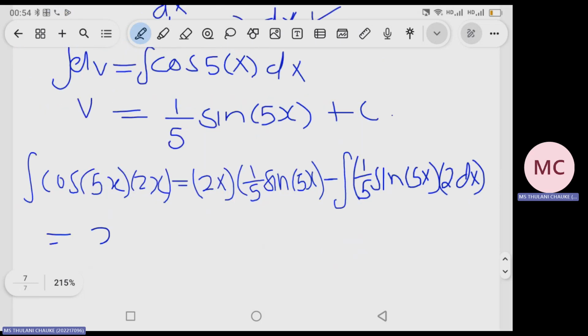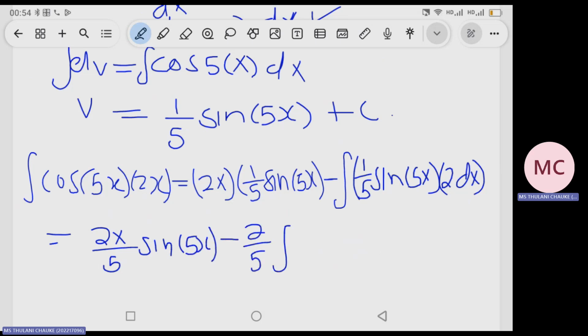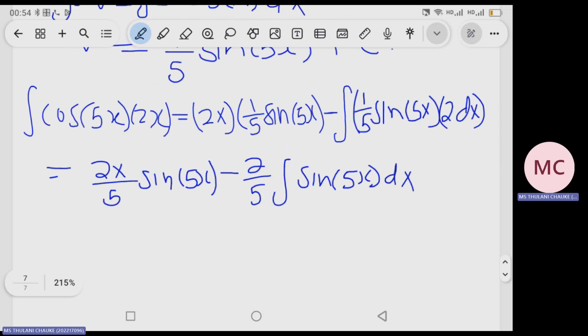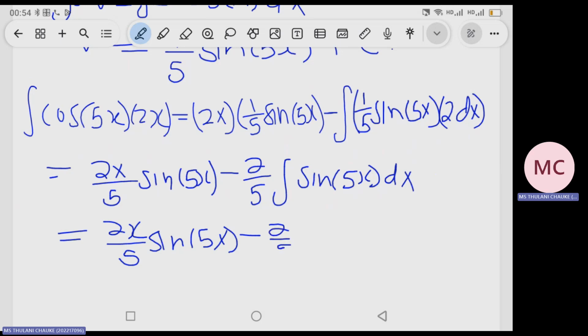Then this will be equal to 2x over 5 times the sine of 5x, minus 2 over 5 times the integral of sine 5x dx.